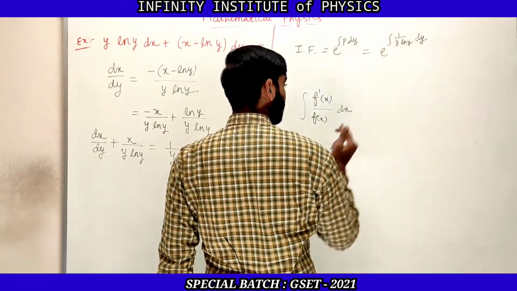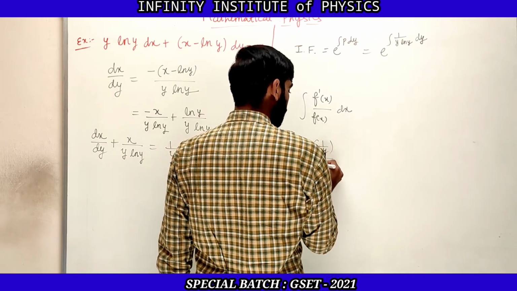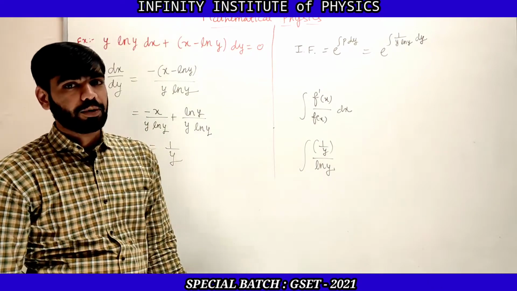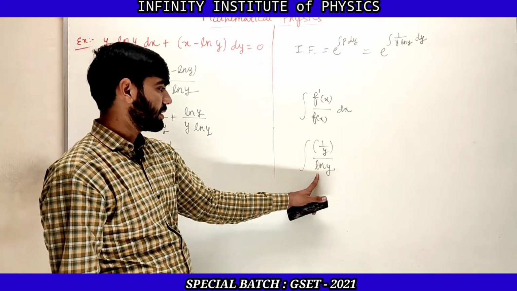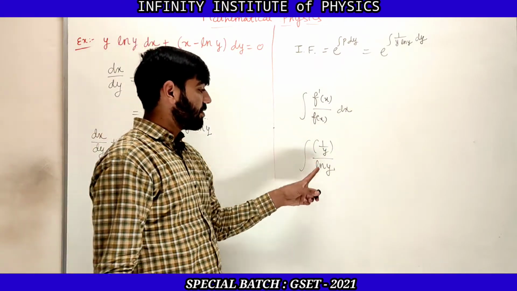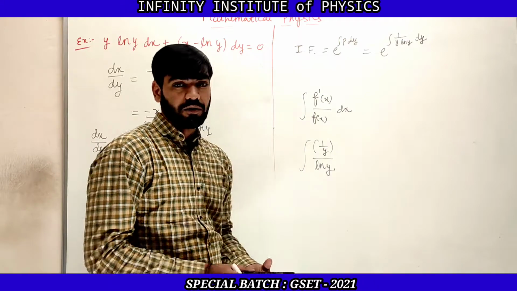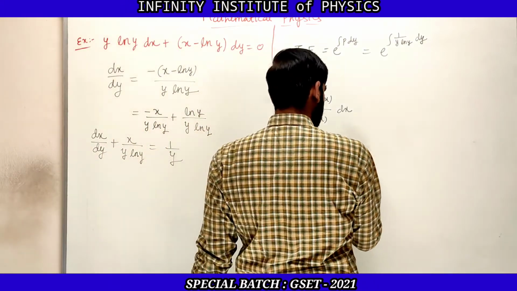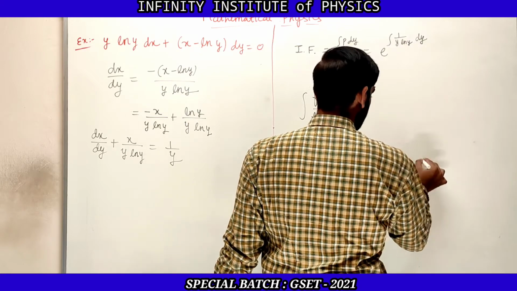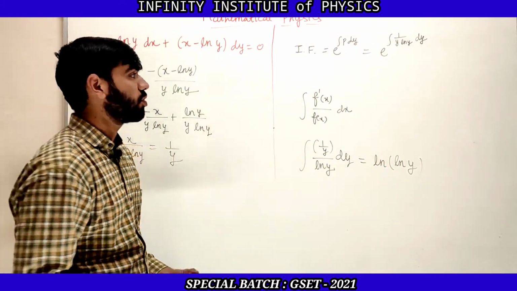So this can be written as integration of 1 upon y upon log y. So this is f of y, and this is f dash y, the derivative of log y, that is 1 upon y, in dy. So the answer will be log of log y.